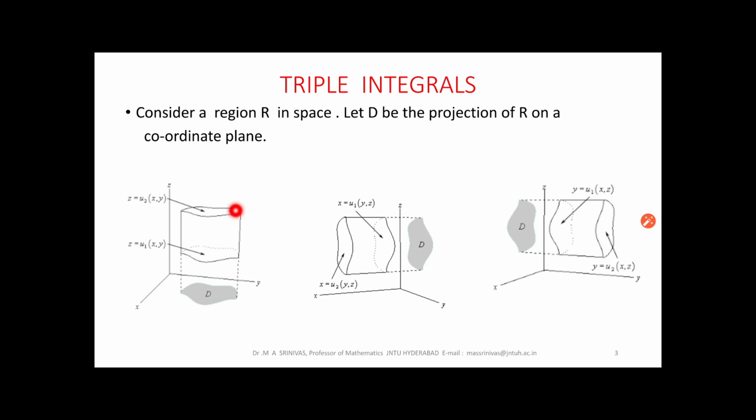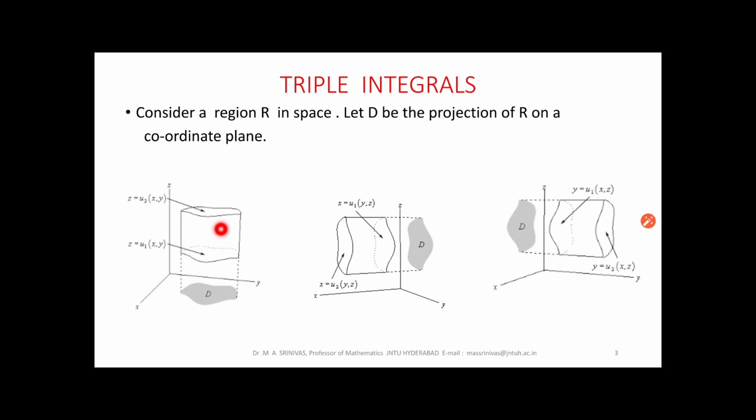Suppose you have a region in space. I can consider that region as a region between two surfaces. Let us call them z is equal to u1, where u1 is a function of x and y, and z is equal to u2, which is also a function of x and y. That is, the region is bounded by the two surfaces z is equal to u1 and z is equal to u2.